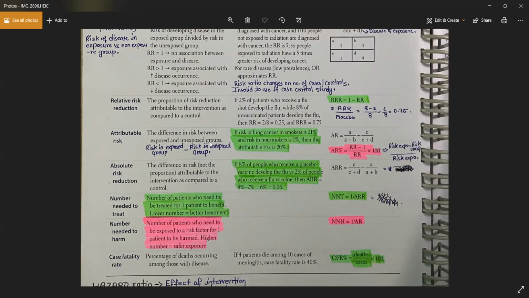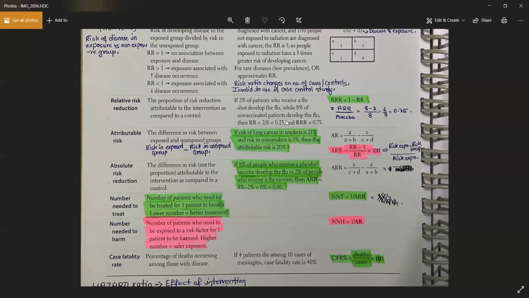So it would be the risk in the exposed group minus the risk in the unexposed group, which is the attributable risk, divided by the risk in the exposed group. And similarly, if you take these terms separately, then the risk in the exposed group divided by the risk in the exposed group would come out as 1. And the risk in the unexposed group divided by the risk in the exposed group would equal 1 upon my relative risk.